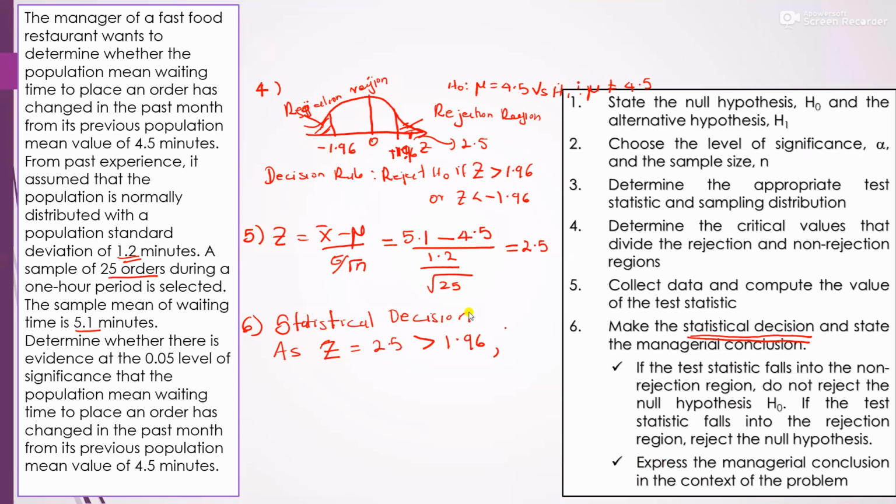There is enough evidence. So what are we going to do? It is greater than 1.96, so reject H naught.